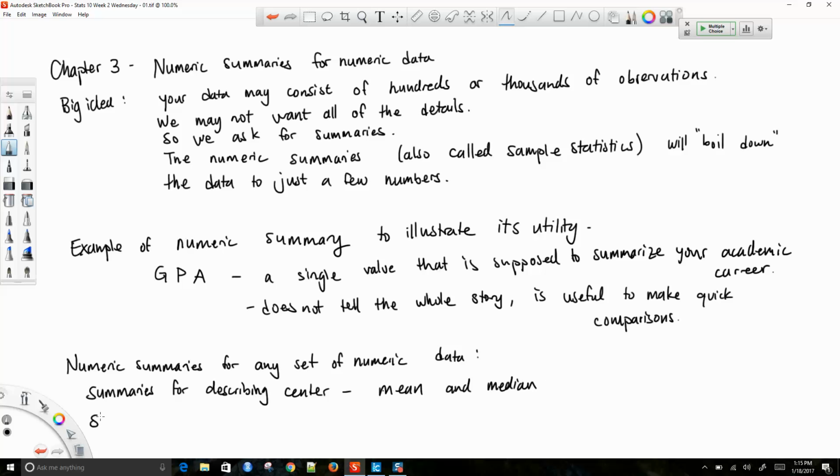And we have summaries for describing spread or dispersion.